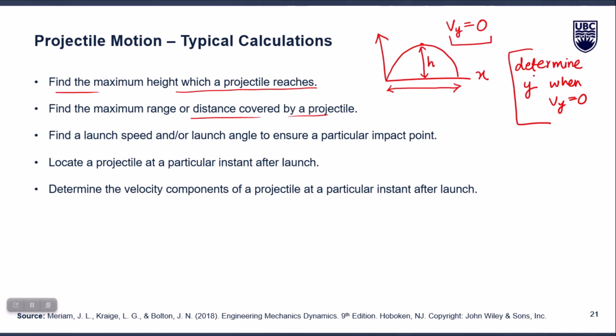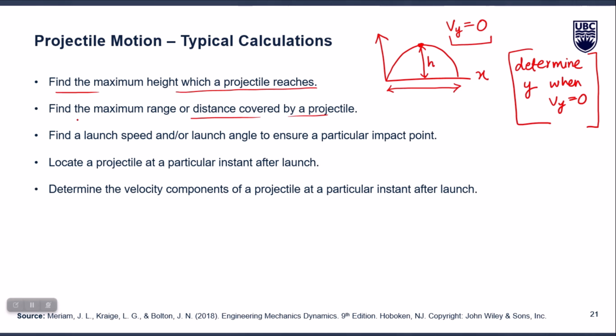So what will be the small y when V sub y is 0? Taking this information to the 5 equations, you can solve for this h. H is actually that value of the y coordinate when V sub y became 0 for that particular instant. So at the maximum point, at the apex, V sub y became 0, right?